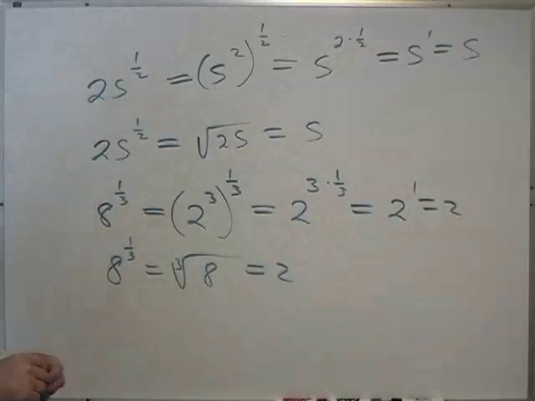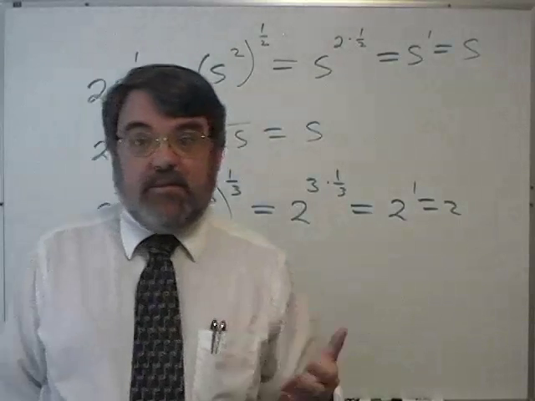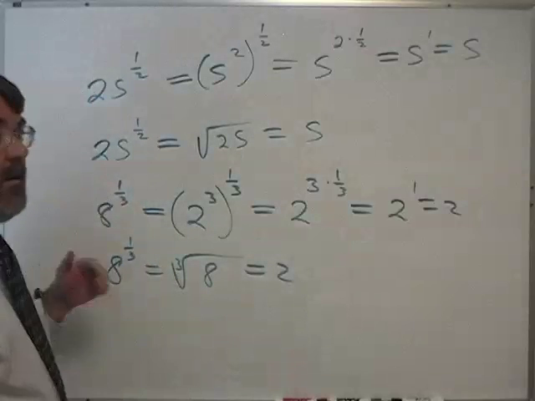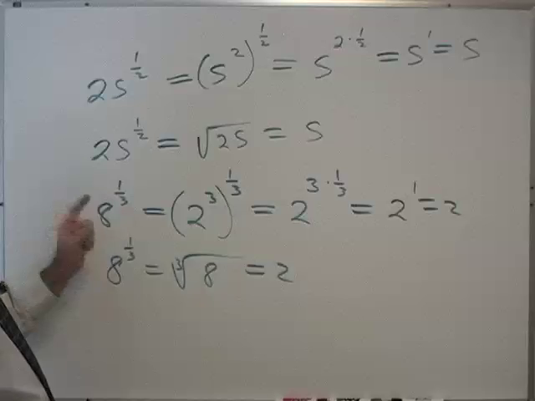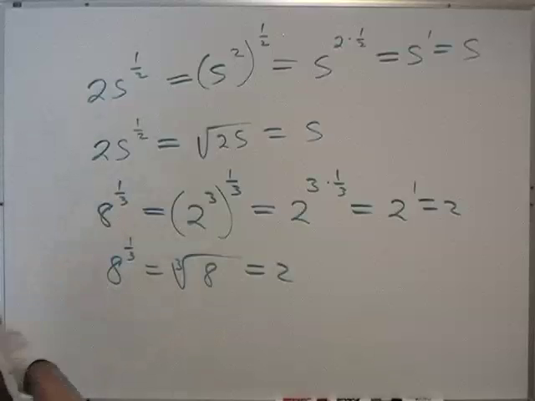So, it appears that if our power rule of exponents is to be consistent in its use in algebra, then a number raised to a fraction power, if it's 1 over an integer, then it happens to be that root of the integer.